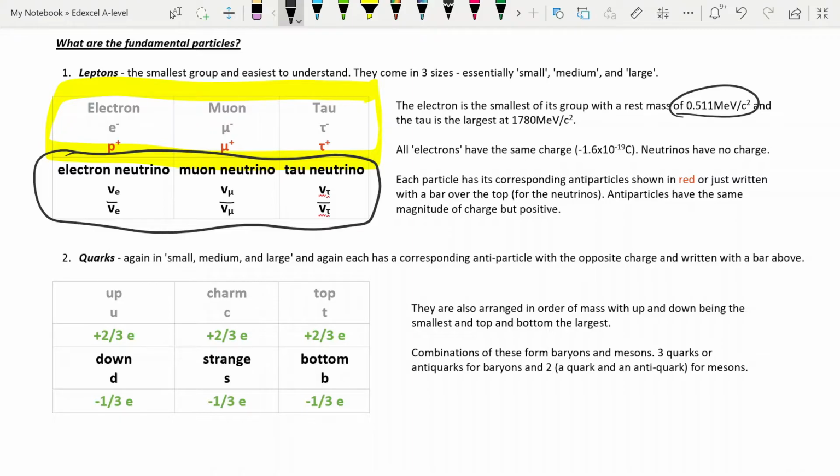And when we write neutrinos, I've written them here as a V because that's what the computer can do. It's a V with a little curl in it. The neutrinos are written as electron neutrino, or a bar is put over the top when you mean anti-electron neutrino. Those are our first six, our leptons.